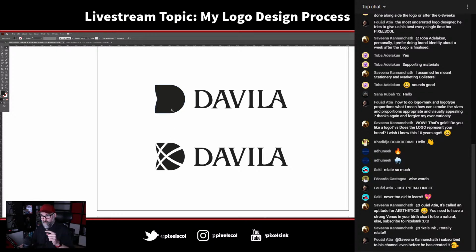Rather than it being black lines on a white D, what if it was white lines on a black D? That gives you a much weightier mark, but keeps the conceptual idea I came up with about the intersecting lines. I still get to keep this arrow shape.